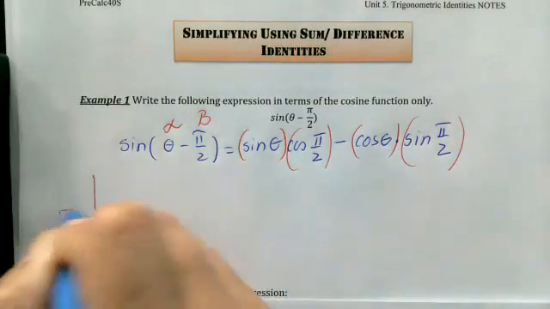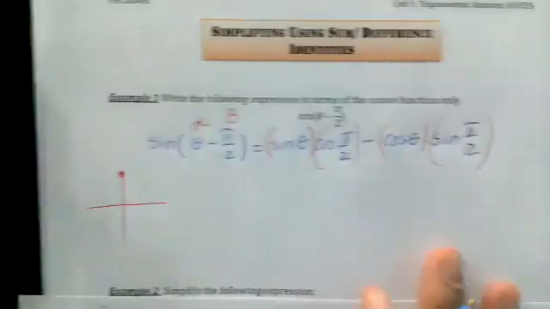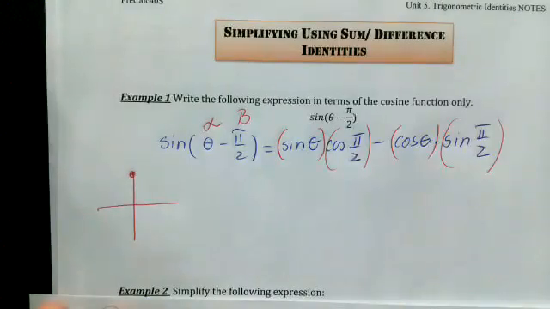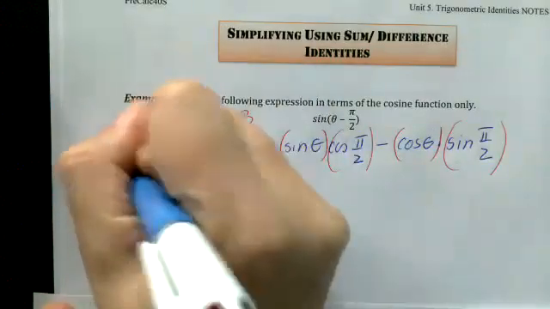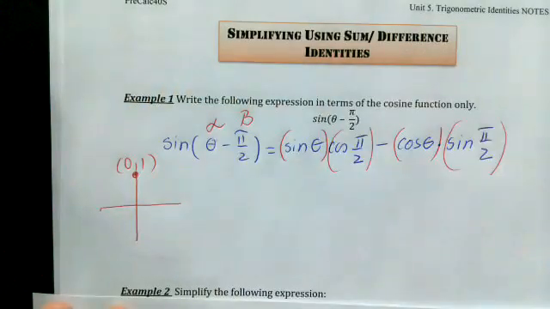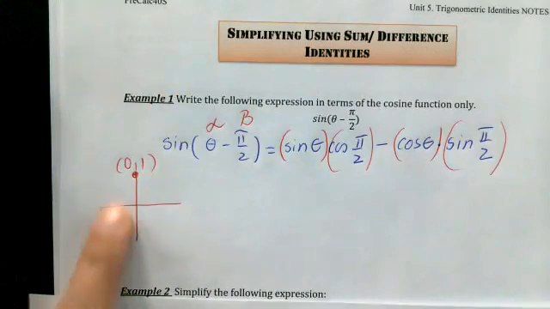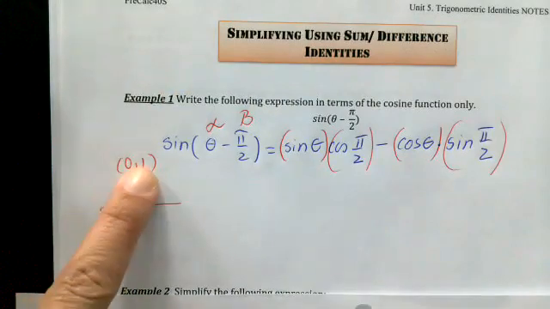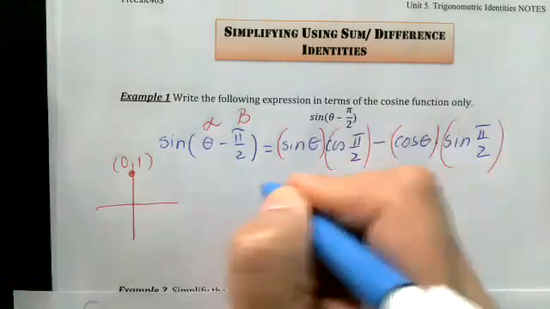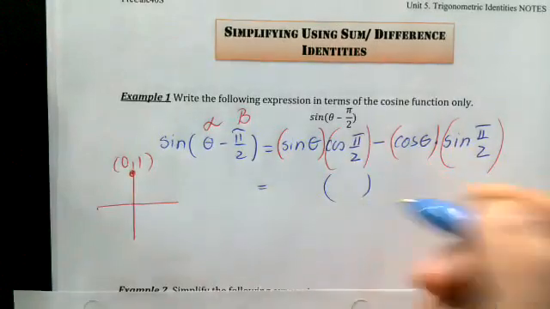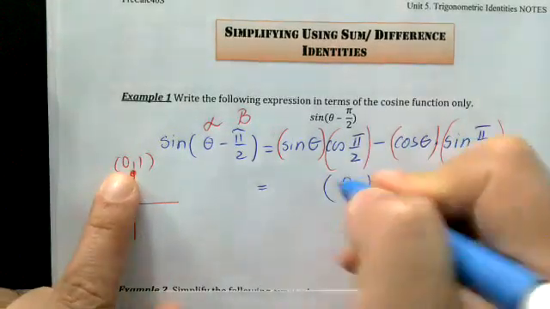What I will usually do is draw a sketch of my angles. That's where pi over 2 is, and I'm going to put my point there. So I have the point 0, 1. I'm going to remember that on the unit circle, the points are represented in the order of cosine of theta and sine of theta. So cosine of pi over 2 is 0.